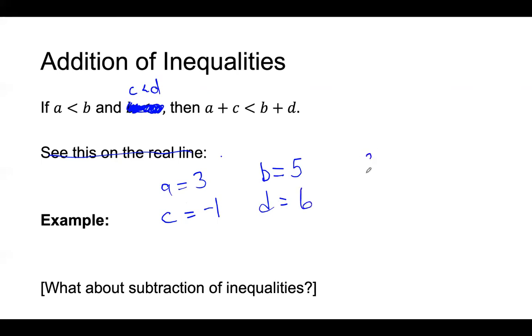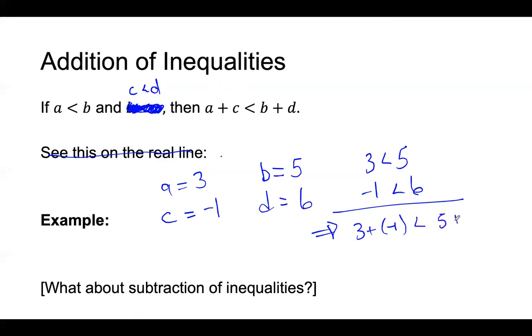So then we see 3 is less than 5 and -1 is less than 6. So we can add them, which implies 3 plus -1 is less than 5 plus 6, which is 2 is less than 11.